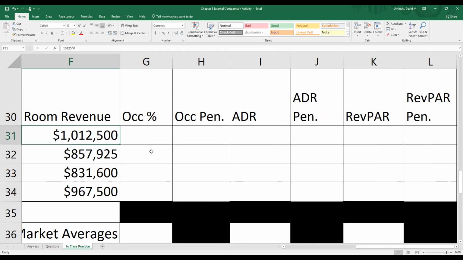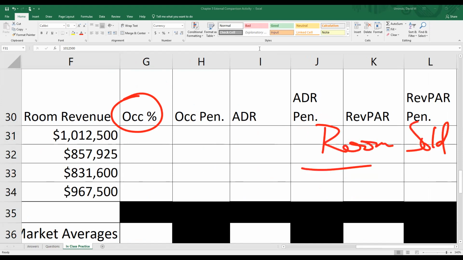Occupancy percentage. For a refresher, how do we figure out occupancy percentage? Good. It's the rooms sold divided by the number of available rooms. Rooms sold divided by the number of available rooms.